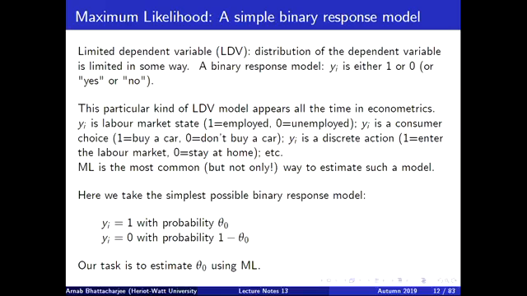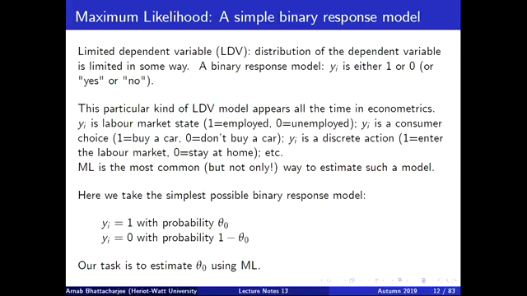Consumer choice, buy a car, don't buy a car. Come to lectures, don't come to lectures. Okay, that kind of stuff. A discrete action: enter the labor market, stay at home.